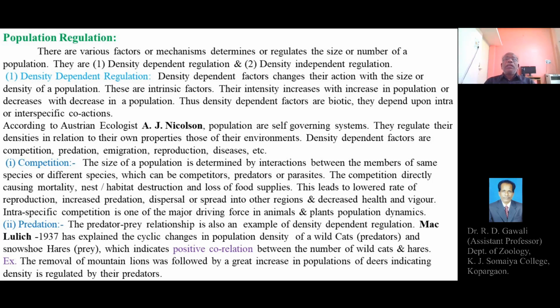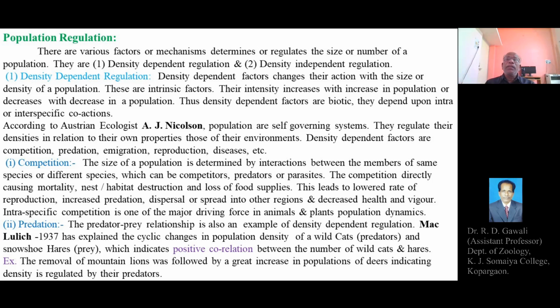Means the population density, or the number of individuals in a population itself, is responsible for controlling its own population size. That is called density dependent regulation.